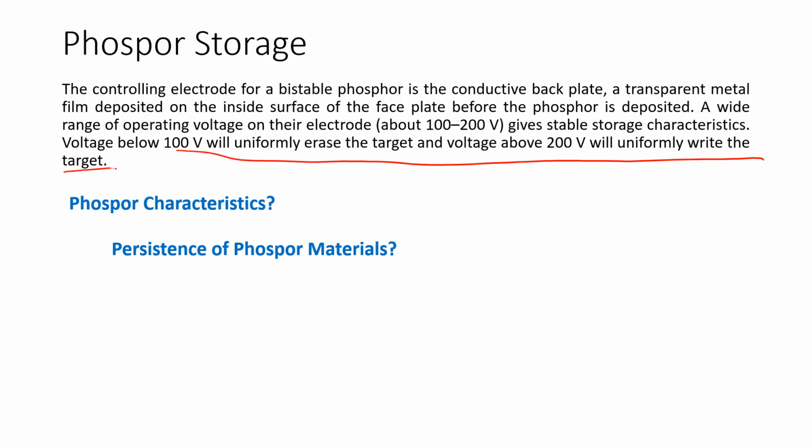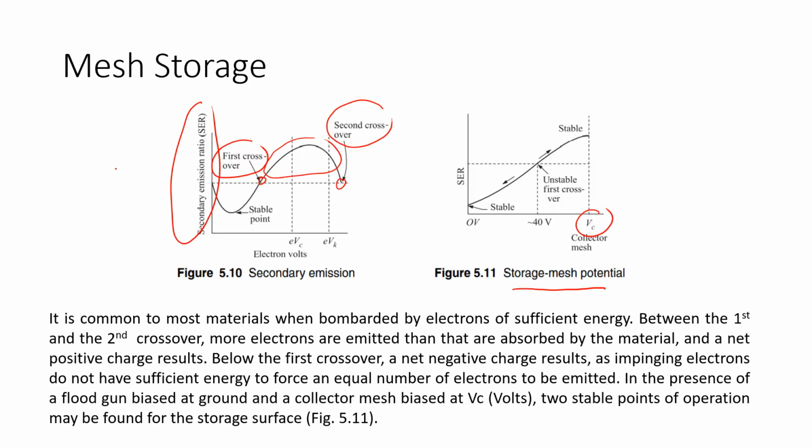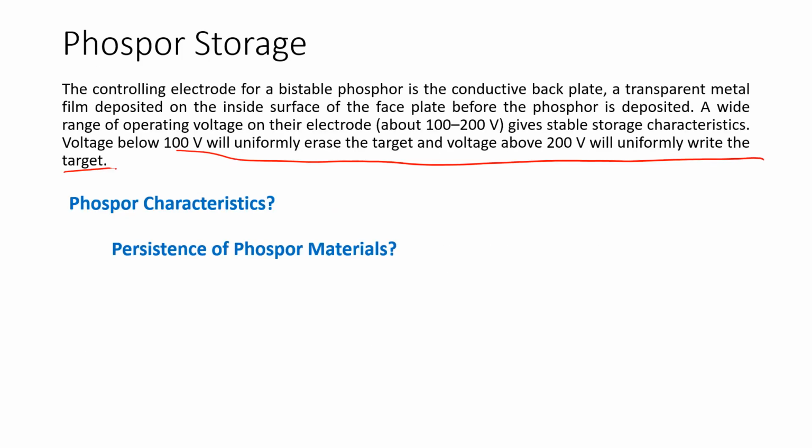So the operating voltage is similar to the storage like this one. We have two crossovers here before we get the stable condition, or to inject the electron to the phosphor screen, similar to the phosphor storage. So the voltage is around 100 to 200.